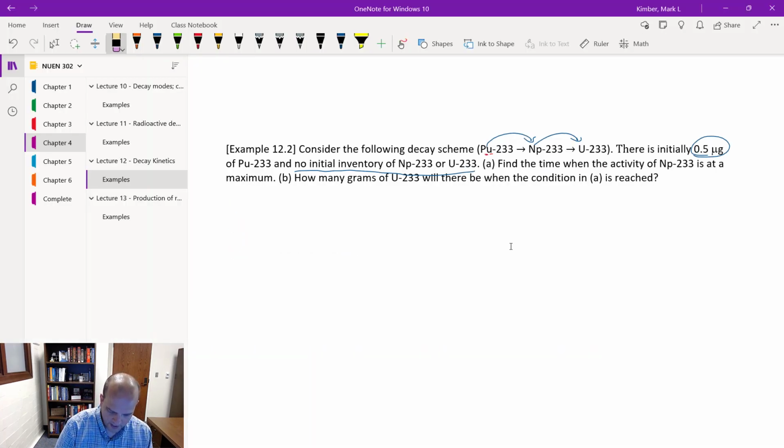So my half-lives: the half-life for isotope number 1 was 20.9 minutes. My half-life for isotope number 2 was 36.2 minutes.